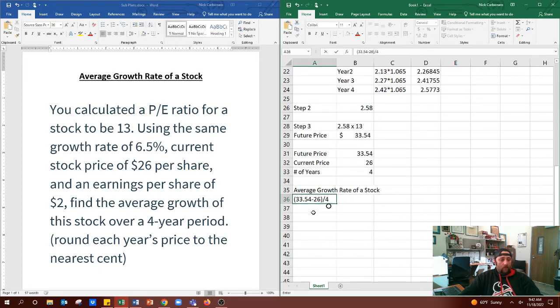And if we want to know what that answer is, 1.885. But look, round each year's price to the nearest cent. We're always rounding to 2. So what does that turn into? Exactly, it turns into 1.89.